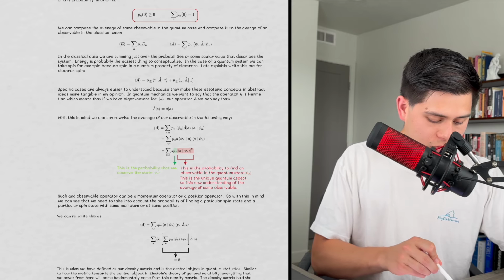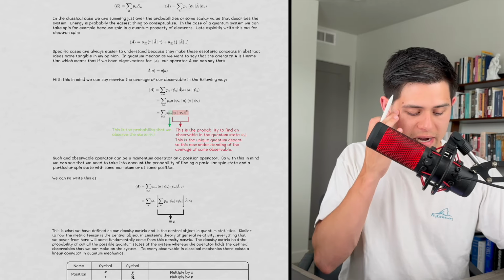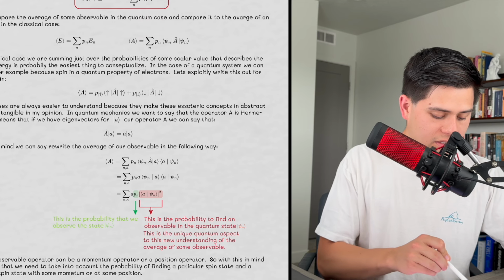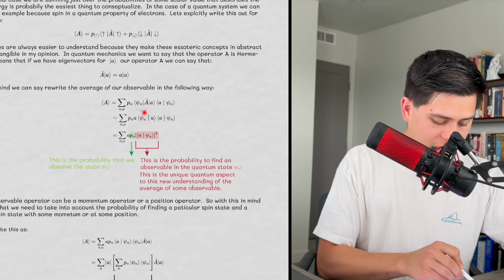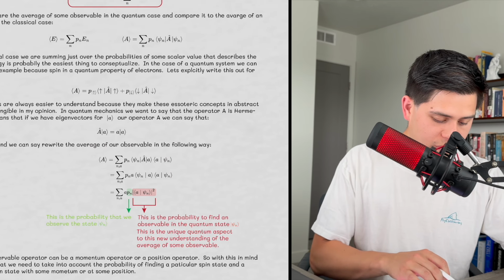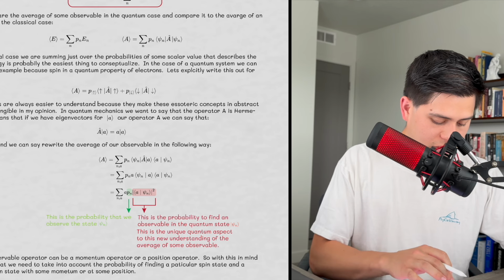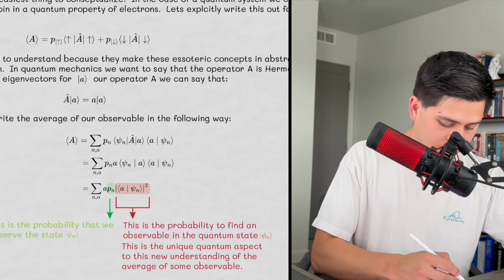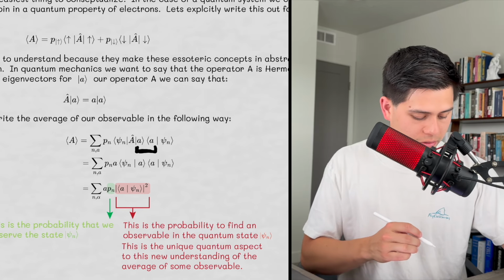And so, with this in mind, we can rewrite the average observable in the following way. So we're rewriting this now using this idea, and so we get this, right? What we're doing here is what's known as the completion relationship.